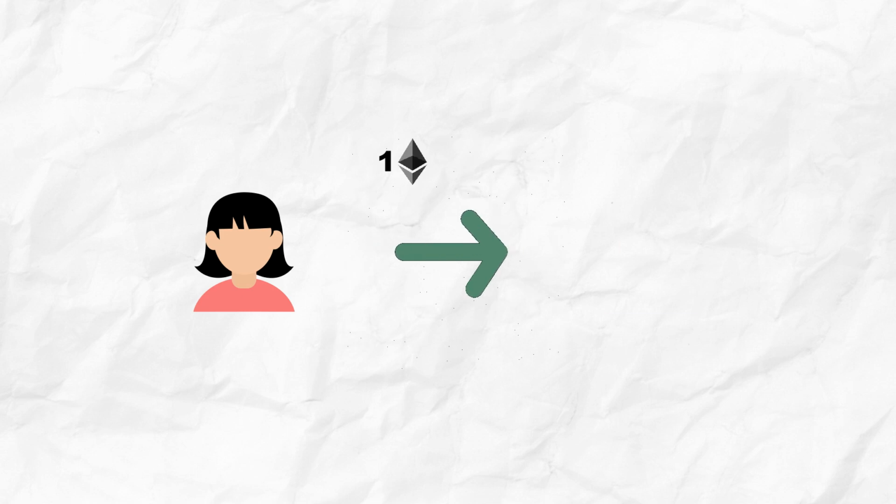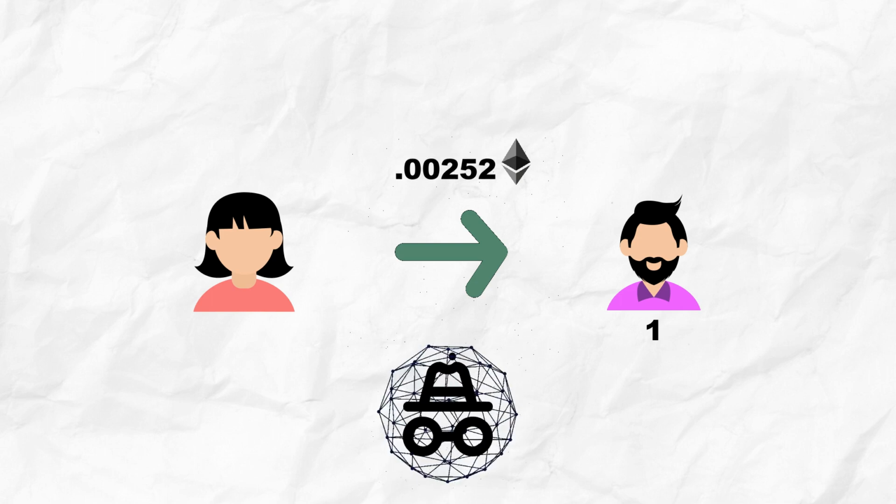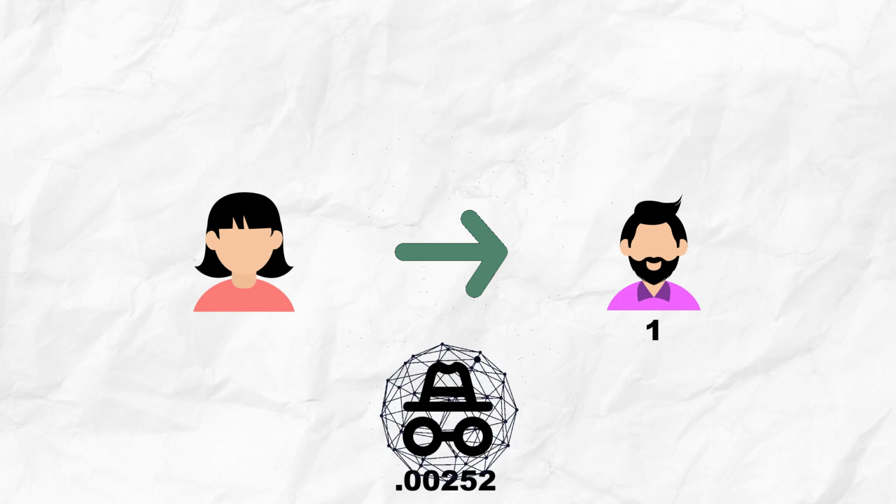For example, if Sarah is sending 1 ether to Alex, she has to send 1.00252 ether, and 1 ether is sent to Alex's wallet address and 0.00252 ether is sent to the validator who validates the transaction and includes it in the new block.